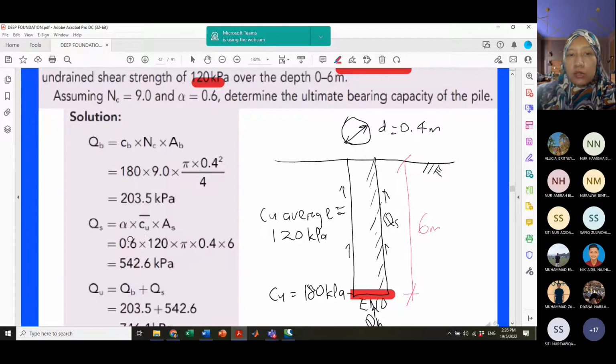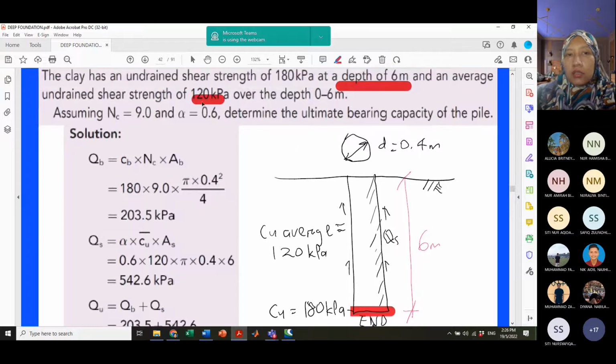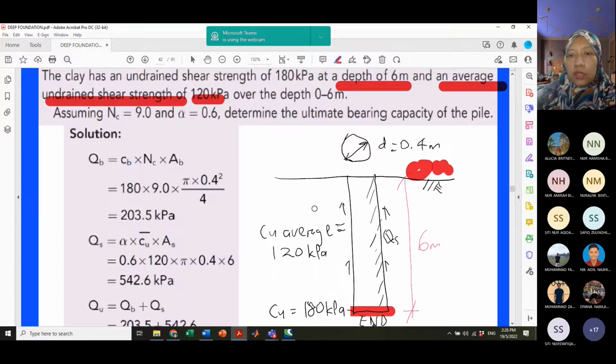Okay, next for the average undrained cohesion, it mentions the average undrained strength of 120 over the depth 0 to 6. Meaning from 0 meter to 6 meter, the average CU is 120.